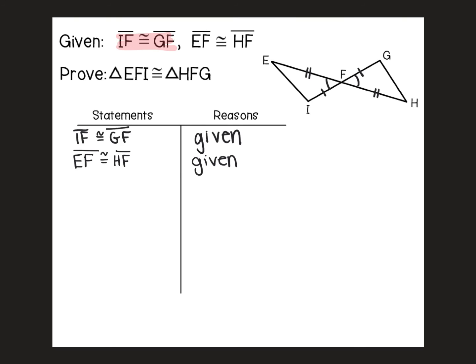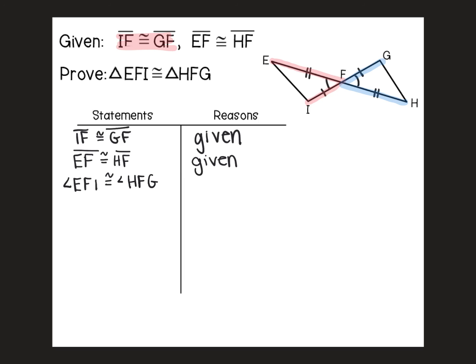Now, it's very important on diagrams like this that you name the angles with 3 letters. And if you're having a hard time with that still, use that highlighter. So for this left side, I start at E, I go to F, and then I go to I. So this would be angle EFI. And that would be congruent to, I start at H, I go to F, I go to G. So angle HFG.